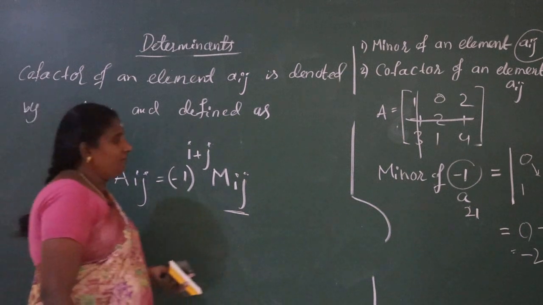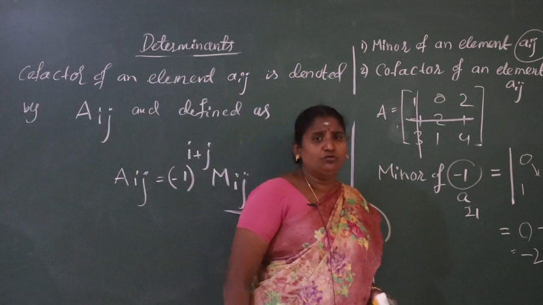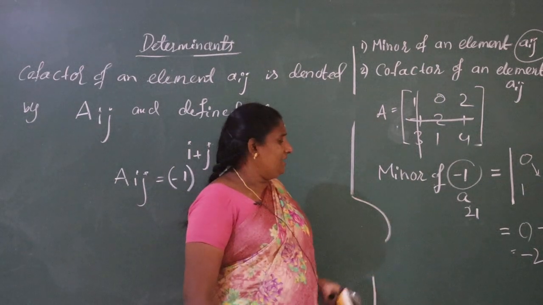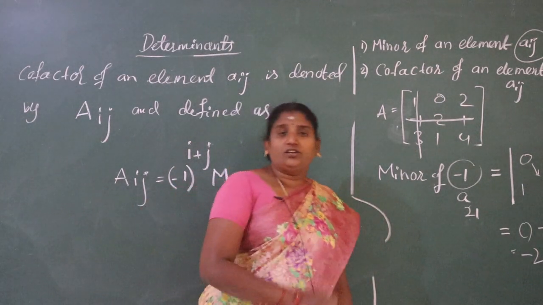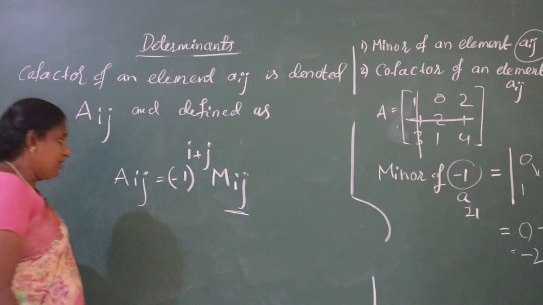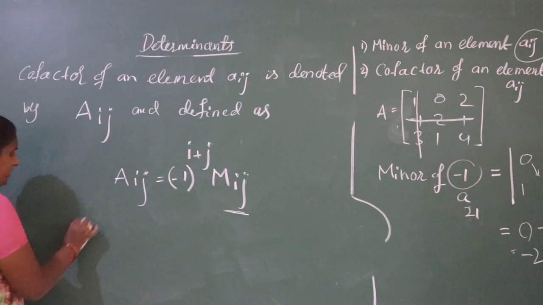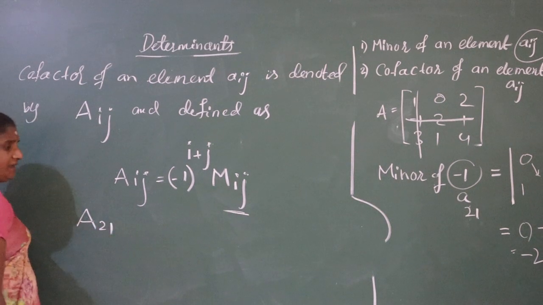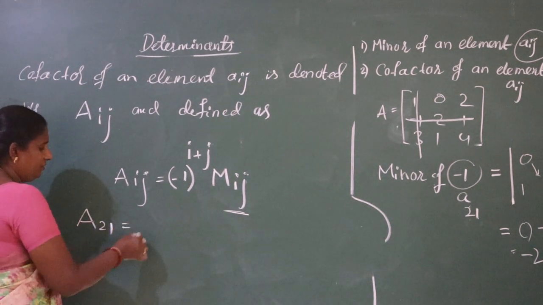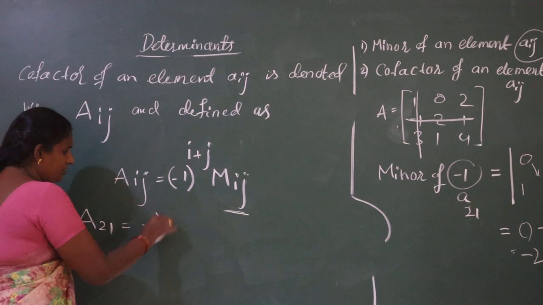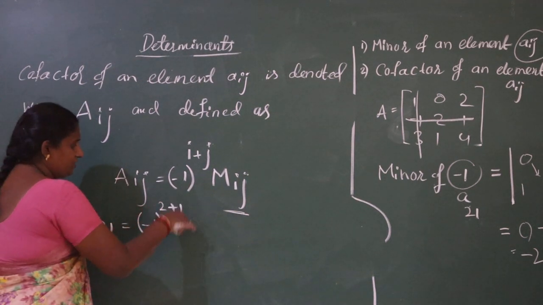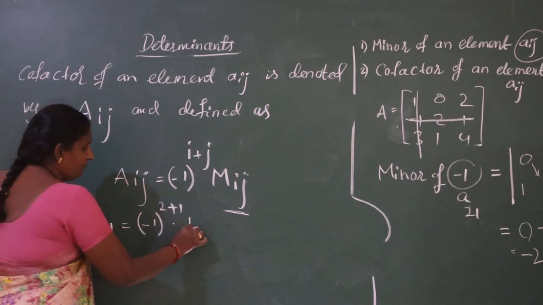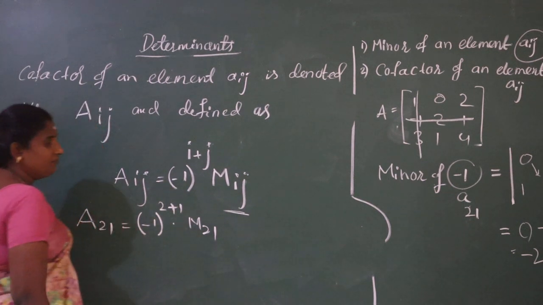So there we have the minor for element A21 in the given example; we already discussed the minor of element A21. Find the cofactor of the element A21. Cofactor of element A21 is denoted by capital A21. Substitute in the formula: minus 1 whole power, i value is 2, j value is 1, 2 plus 1, into M21.